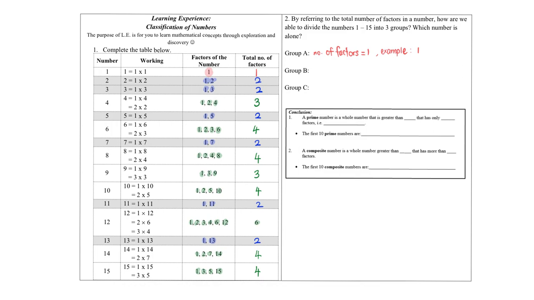And if you notice, for group B, these are the group of numbers where the number of factors equals 2. And the examples include 2, 3, 5, 7, 11, and 13.